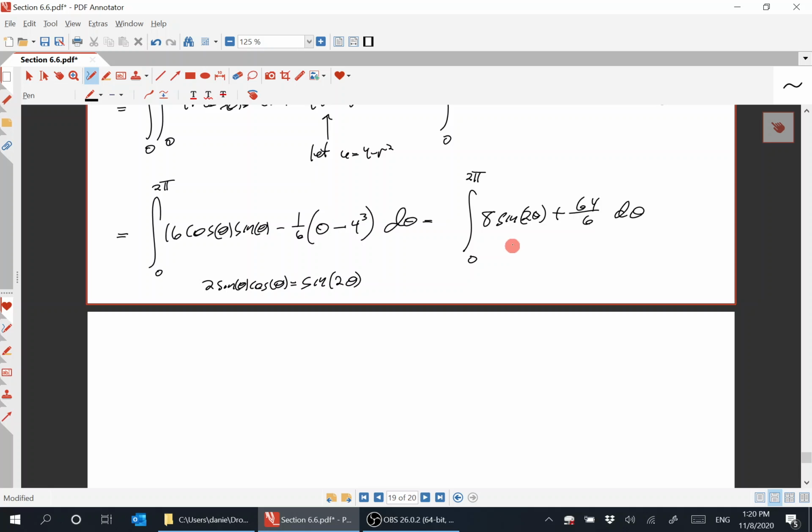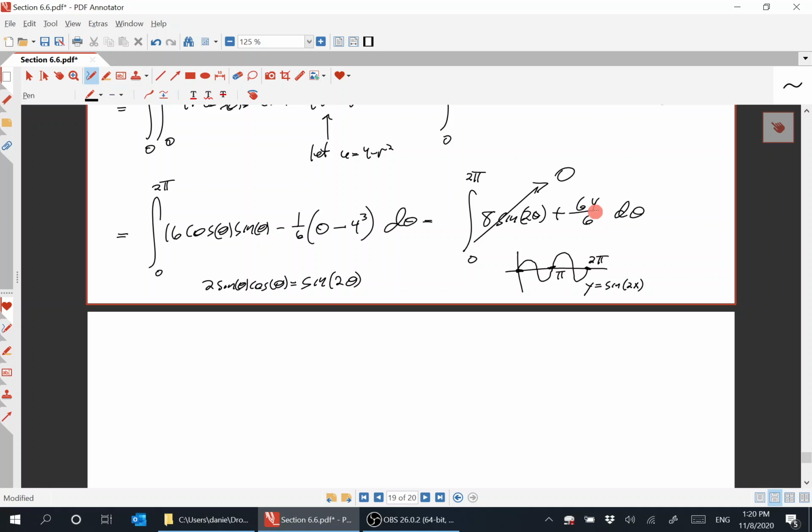So the antiderivative of that is going to be cosine. It's going to be 0, right? Because sine 2 theta from 0 to pi does one wiggle. So we're going to 2 pi, so it's going to wiggle twice. That's y equals sine 2x. So that's just 0.